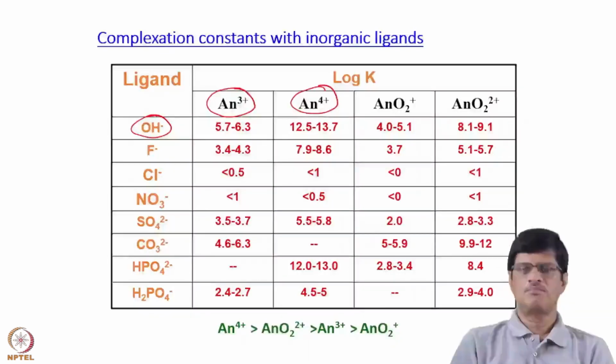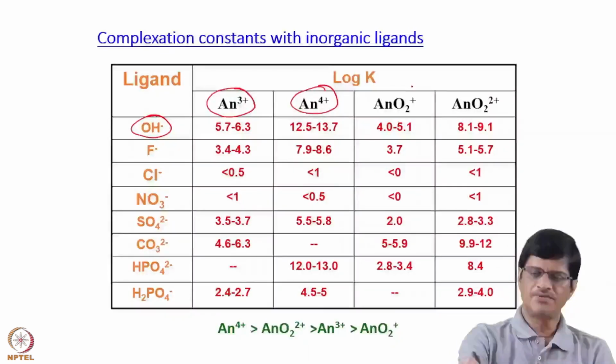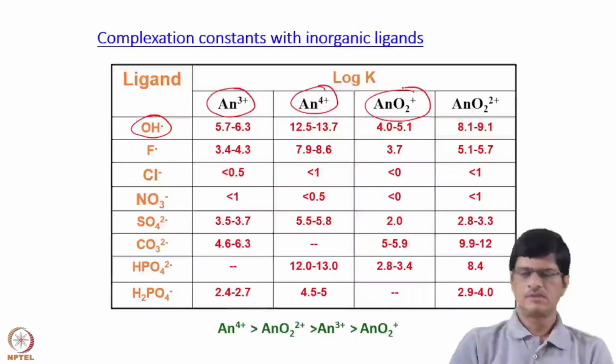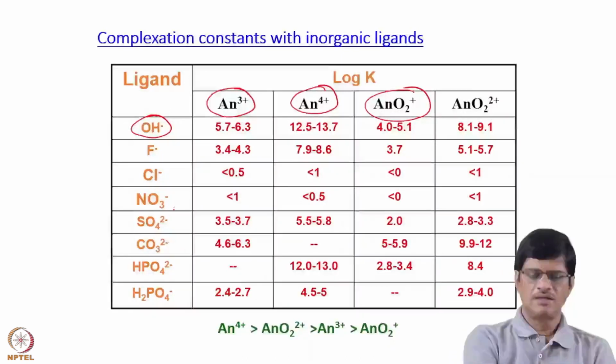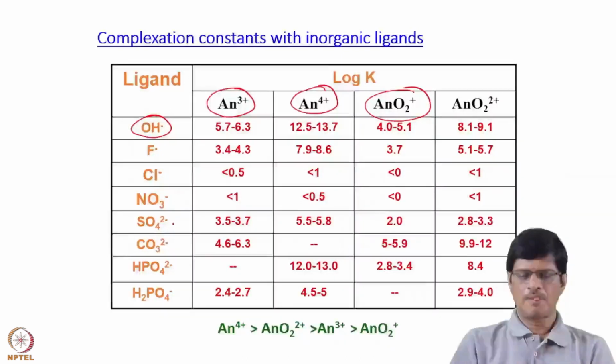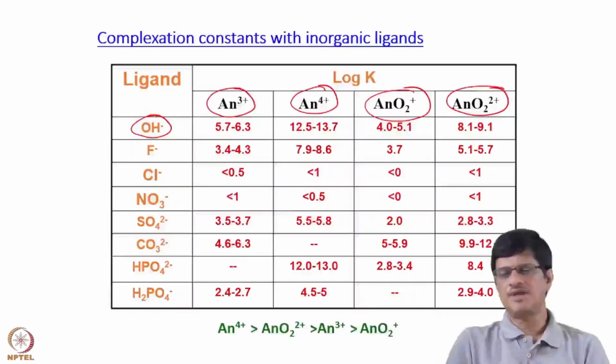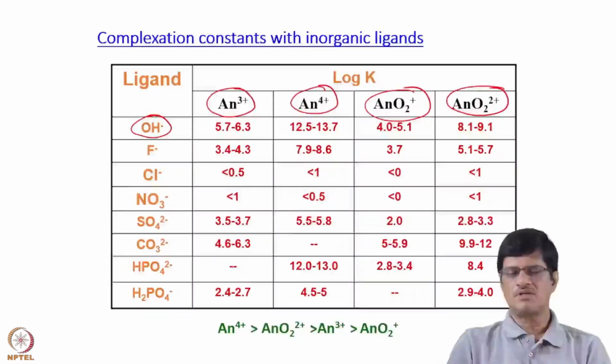Now coming to the pentavalent actinyl ion, that is AnO2+, the complex formation constants are in between that of actinide 3+ and actinide 4+ in certain cases, and in certain cases like nitrate and sulfate, they become even less than that of the trivalent ion. Now for the actinyl 6+ ion, that is AnO2 2+, the complex formation constants mostly lie in between that of the +3 as well as +4 actinide ions.